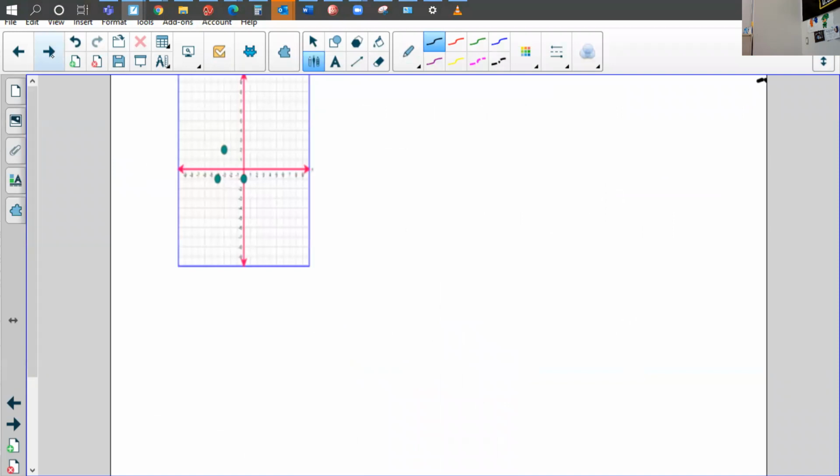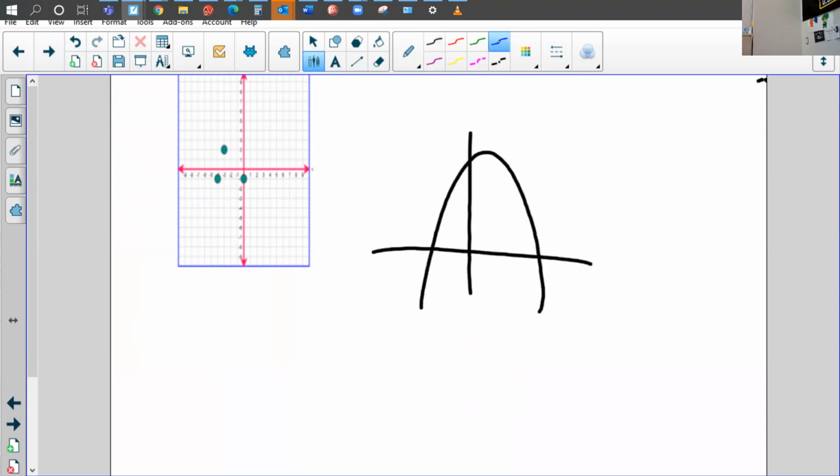They tell you it's a quadratic function, so you know a quadratic looks like this, for instance. They give you 2 dots that are on the same line, so you know that's where the graph is going to pass through. So you know the graph is going to look something like this, and my drawing is not going to be great.